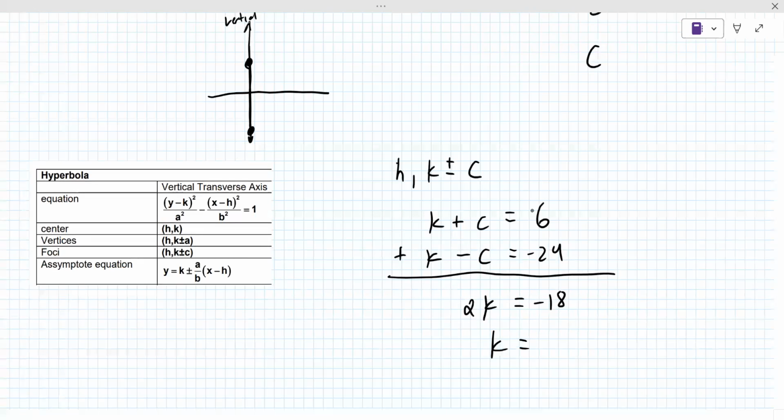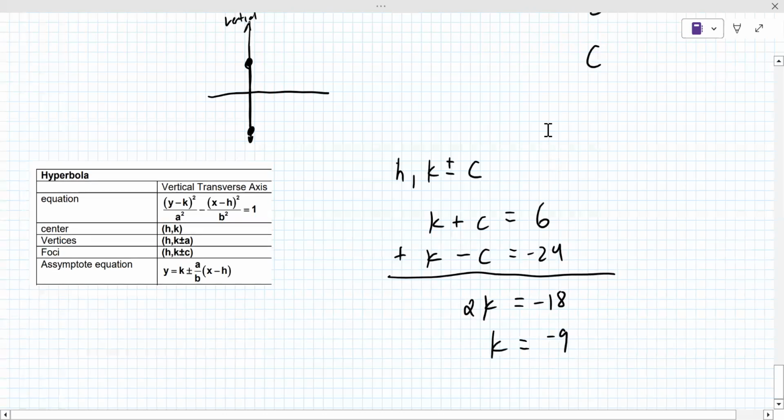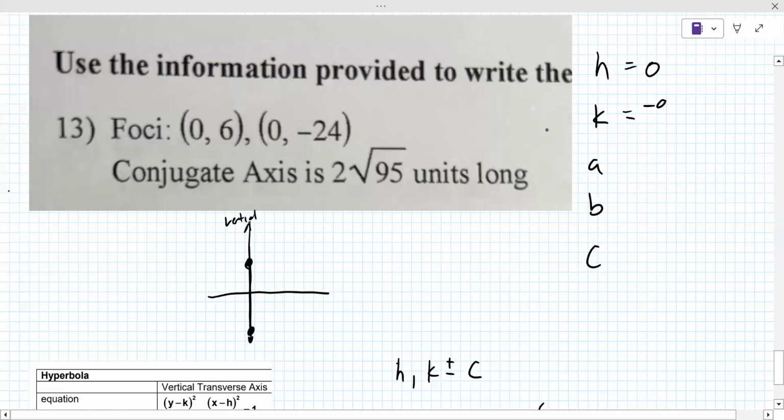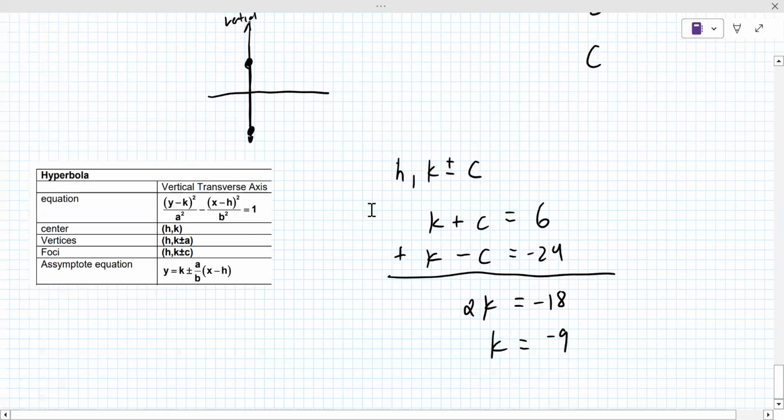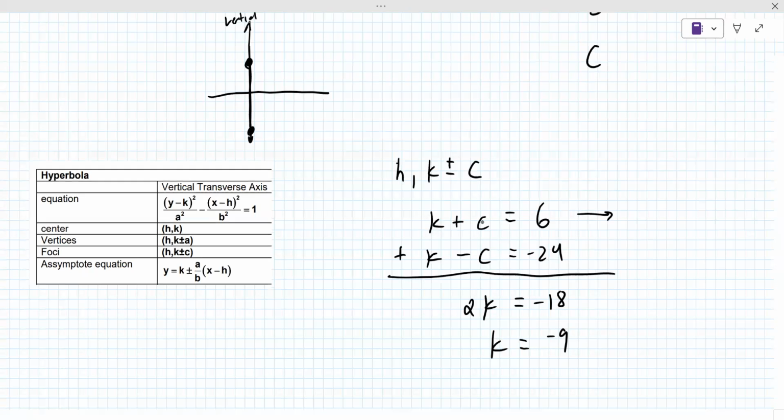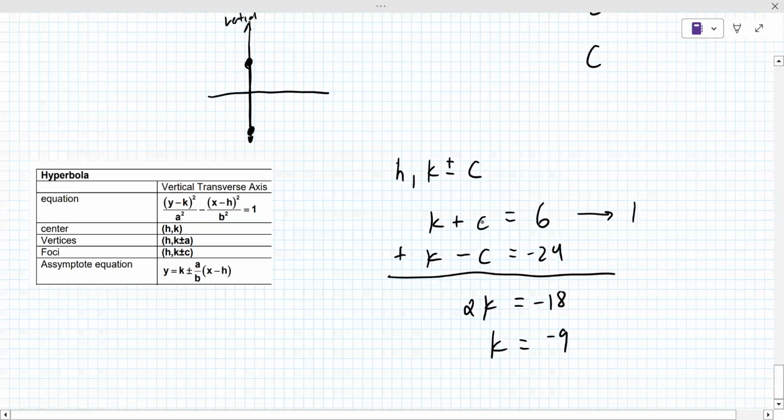So K is -9. To find C, you go back and use one of the equations. So K plus C, which is -9 plus C equals 6. Then you solve for C, C is 15.